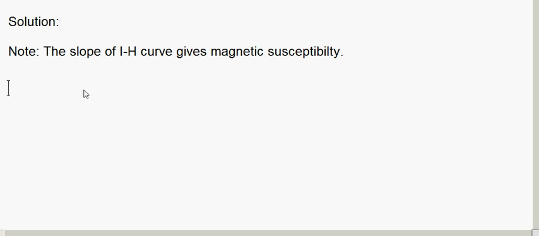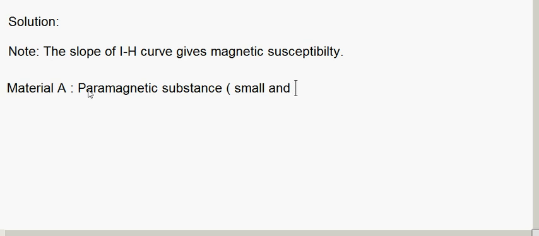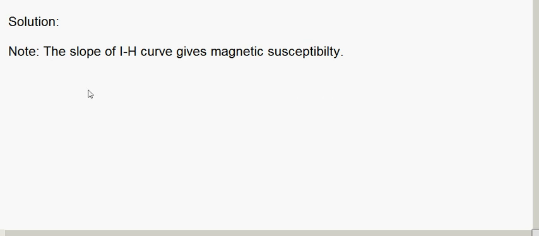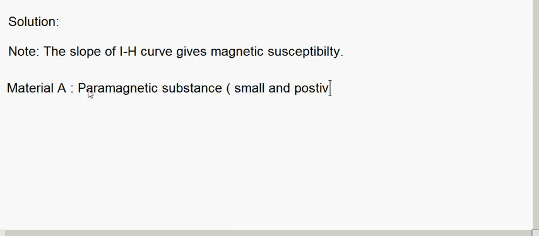So here we will write: material A has a small and positive slope, so it is a paramagnetic substance. Why? Because it has a small and positive value of susceptibility.